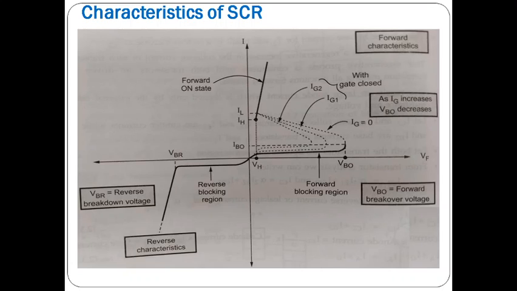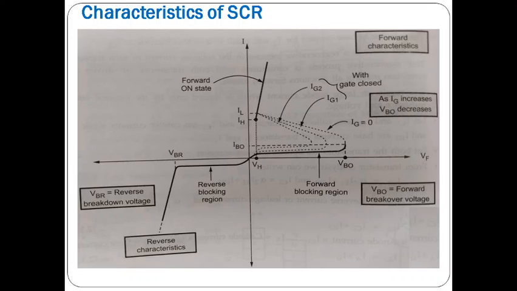Here we must observe the forward bias characteristics thoroughly, because when the gate is open, even if we increase the forward bias voltage, after reaching the breakover voltage, what happens? Suddenly junction J2 breaks down and sudden current passes through the SCR. The SCR is in conduction mode.